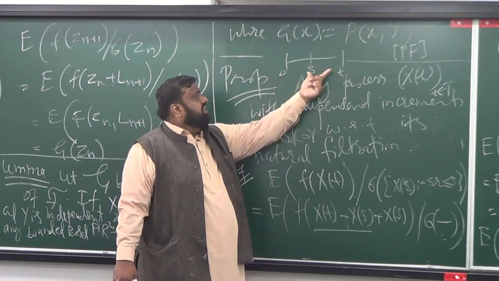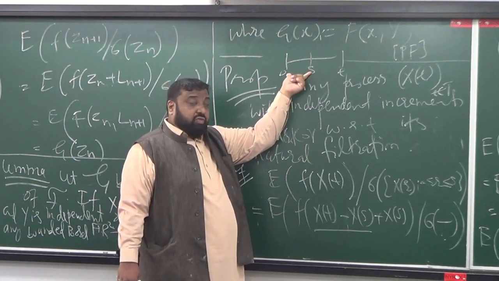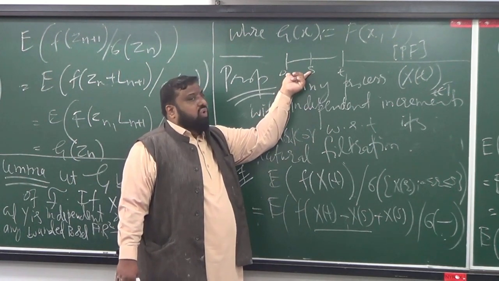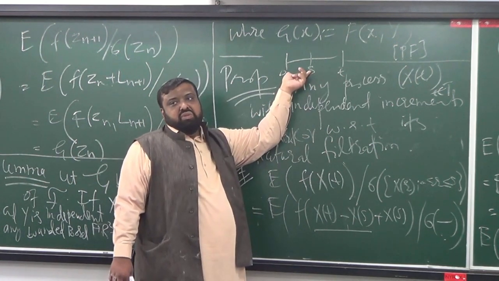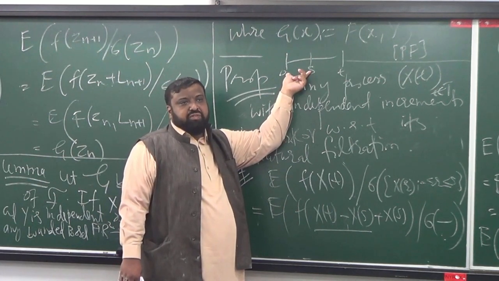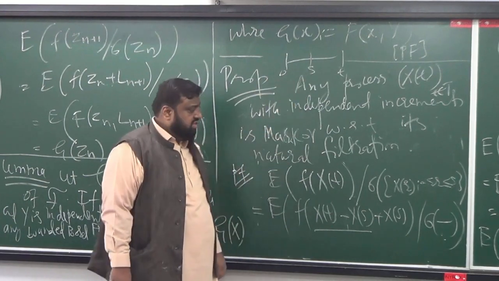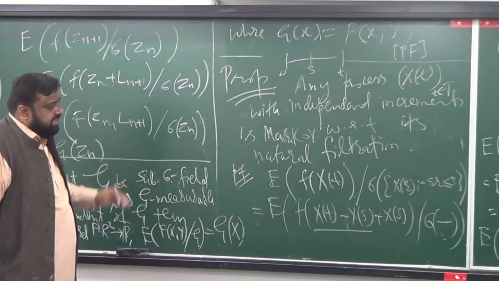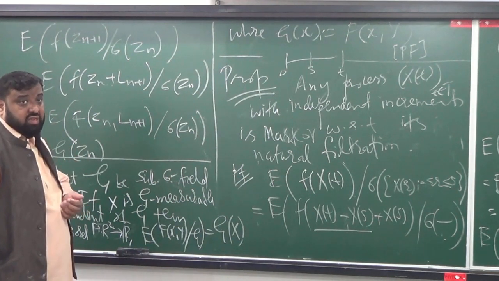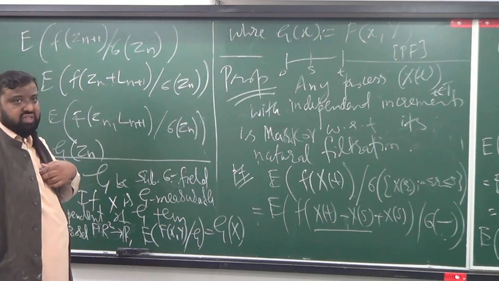Then it will be not only independent of it, but independent of the increment here. It will be independent of all sigma fields that are generated by increments of the process over intervals 0 less than r and r less than s.